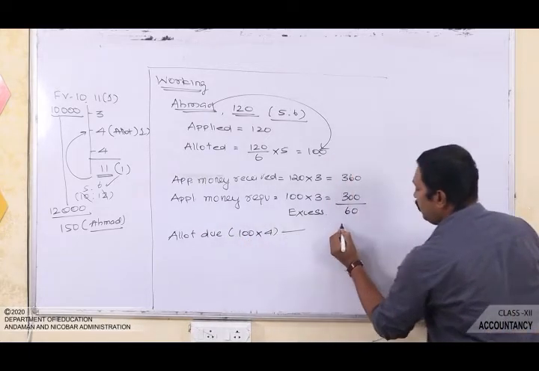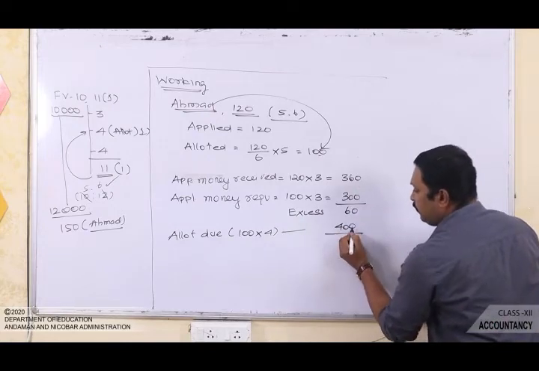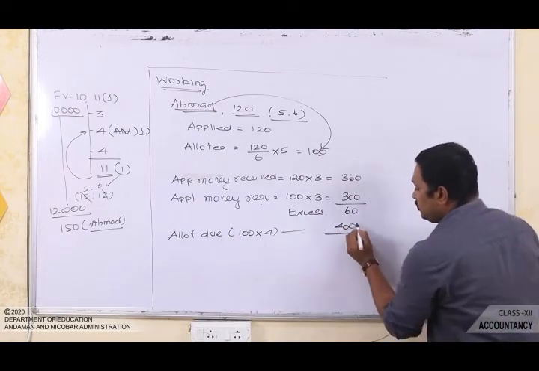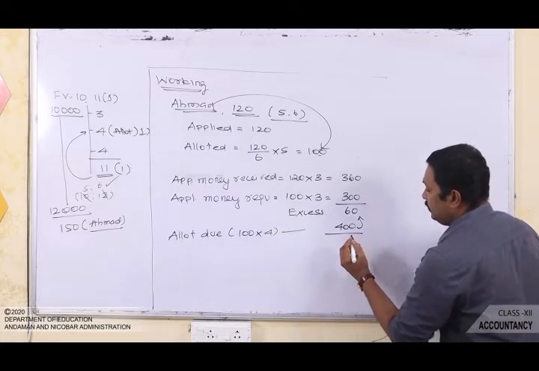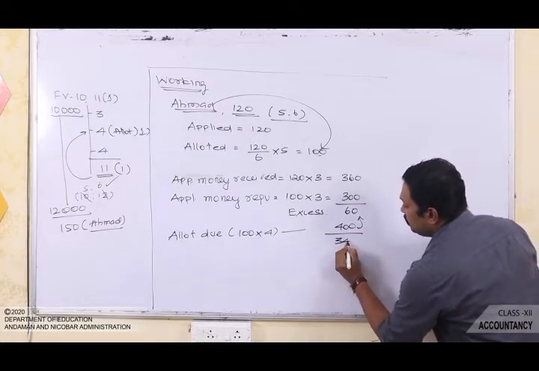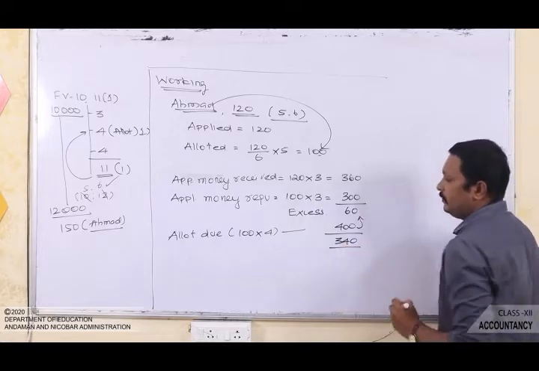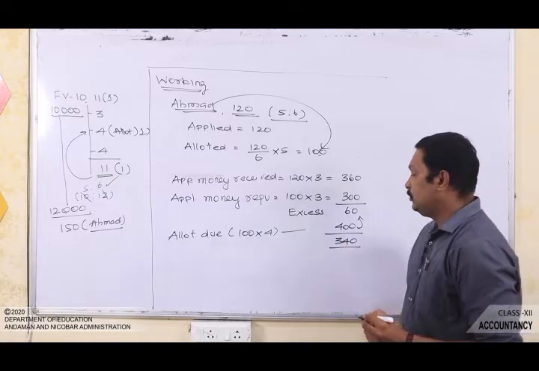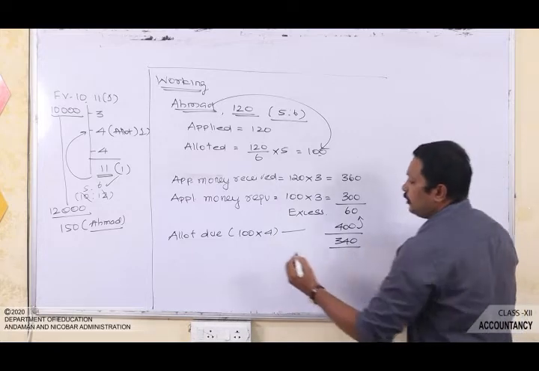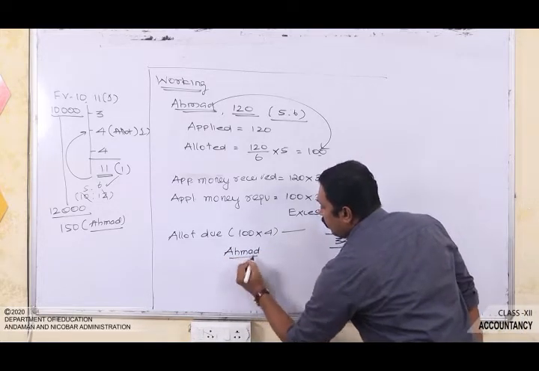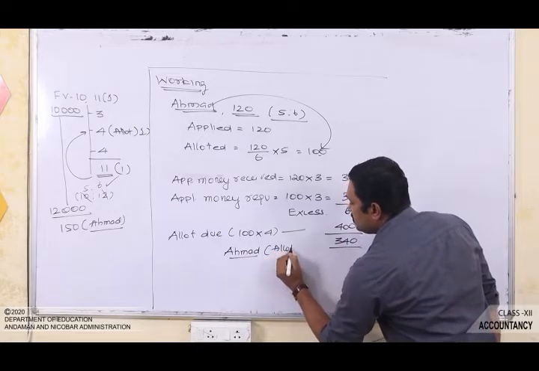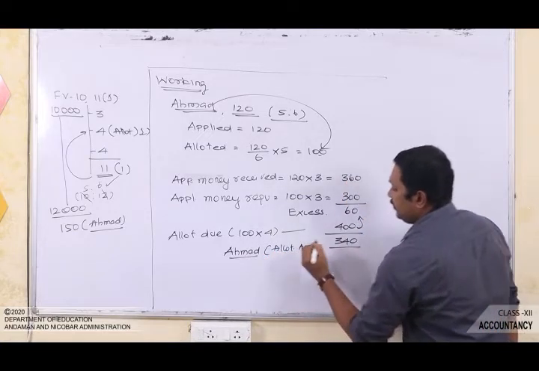He has to pay 400 rupees, but he need not pay 400 rupees because 60 rupees is already credited earlier. So, he has to pay only 340. But unfortunately, Ahmed could not pay. So, this is arrear. Allotment arrear Ahmed.